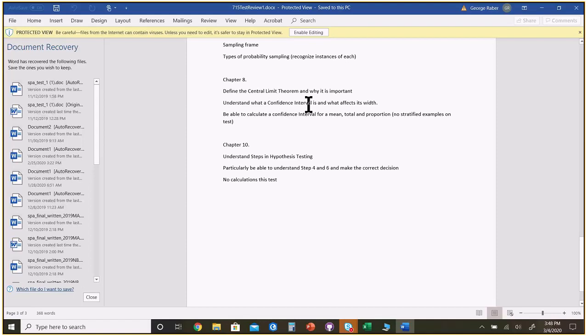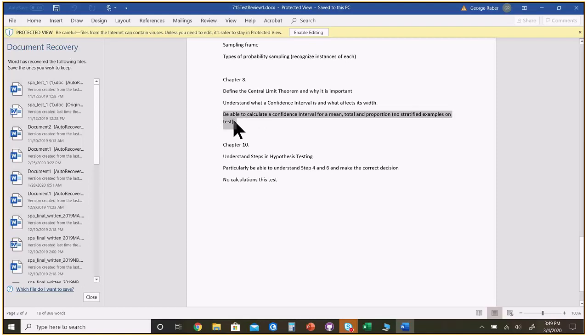All right. So you should understand what a confidence interval is and what affects its width. So here, I'm only going to ask you to calculate simple confidence intervals where I give you a mean, or a set of values, or a mean or a total and a proportion, no stratified examples.